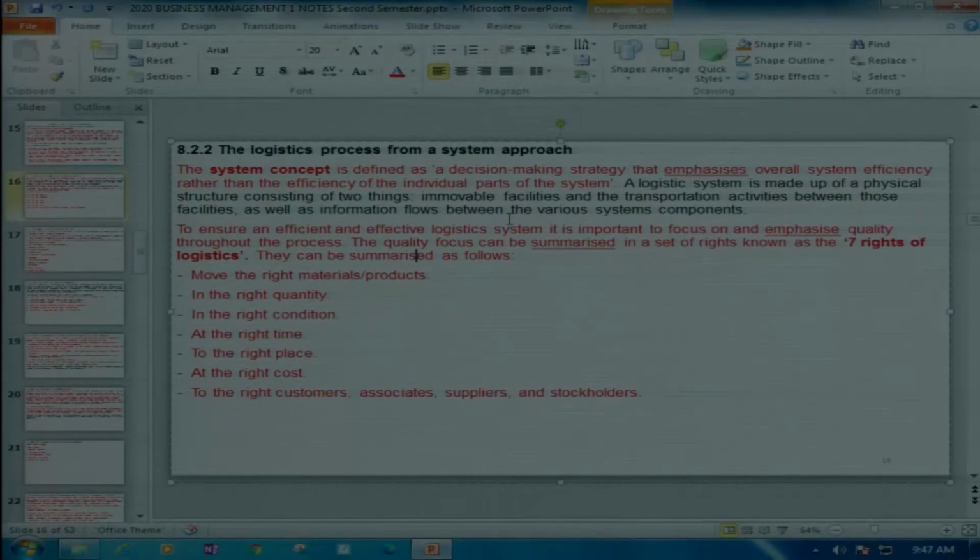Move the right material or product in the right quantity, in the right conditions, at the right time, to the right place, at the right cost, to the right customer, associates, suppliers, and stakeholders.